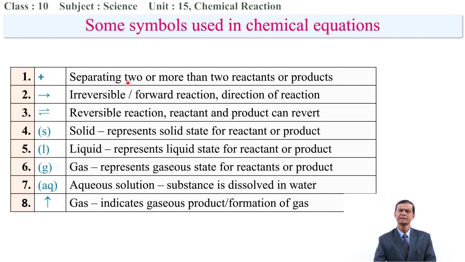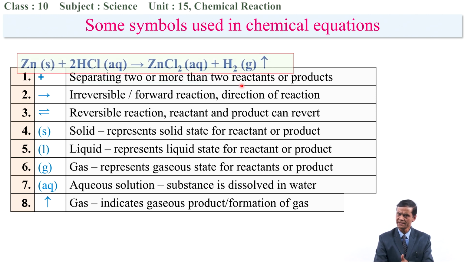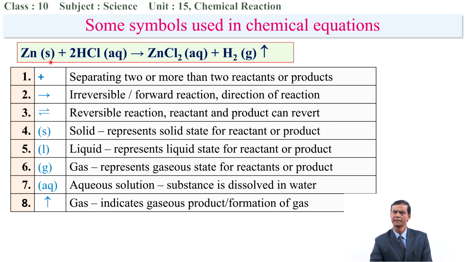This represents separating two or more than two reactants or products, isn't it? Look at here how equation can be separated like this. Two reactants are separated by plus sign, and two products are also separated by plus sign, isn't it? Separating two or more than two reactants or products.